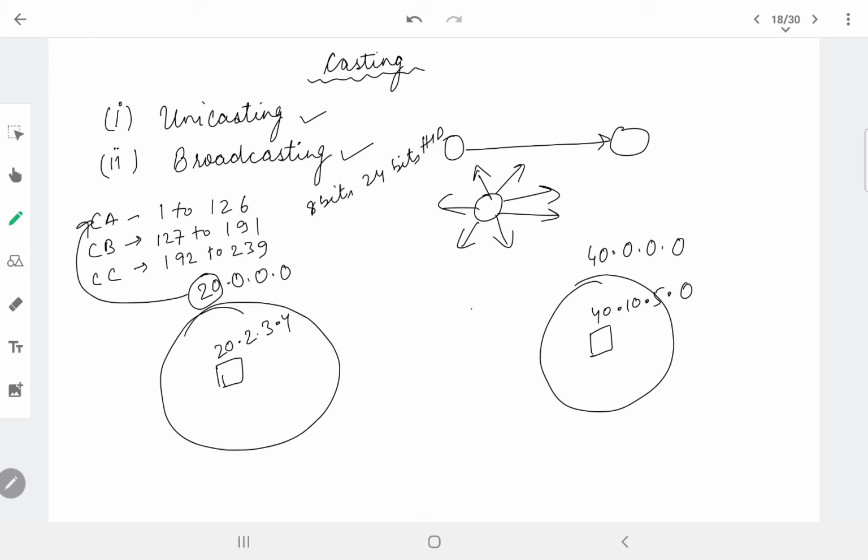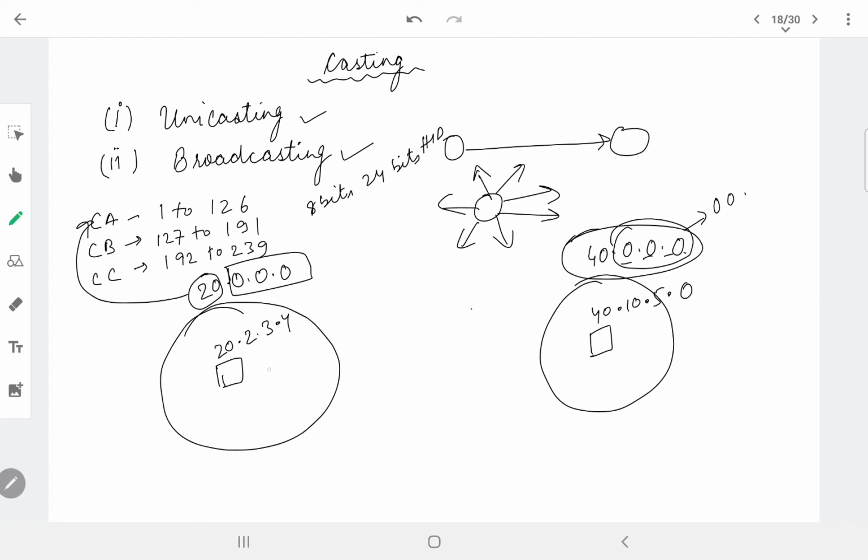When we put all the host ID bits as 0, it becomes the network ID of that network. This network also belongs to class A, and all these 24 bits are marked as 0.